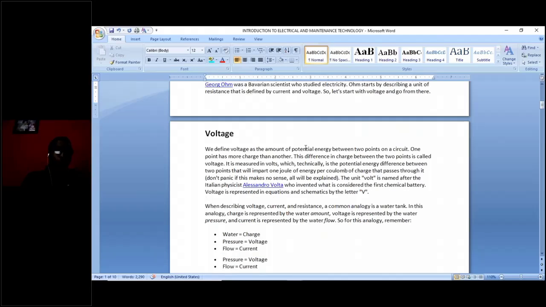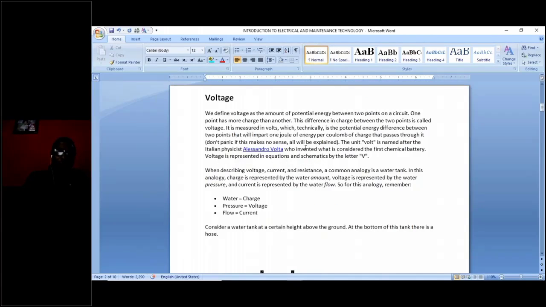So let us see what voltage is. We define voltage as the amount of potential energy between 2 points in a circuit. So one point has more charge than the other.